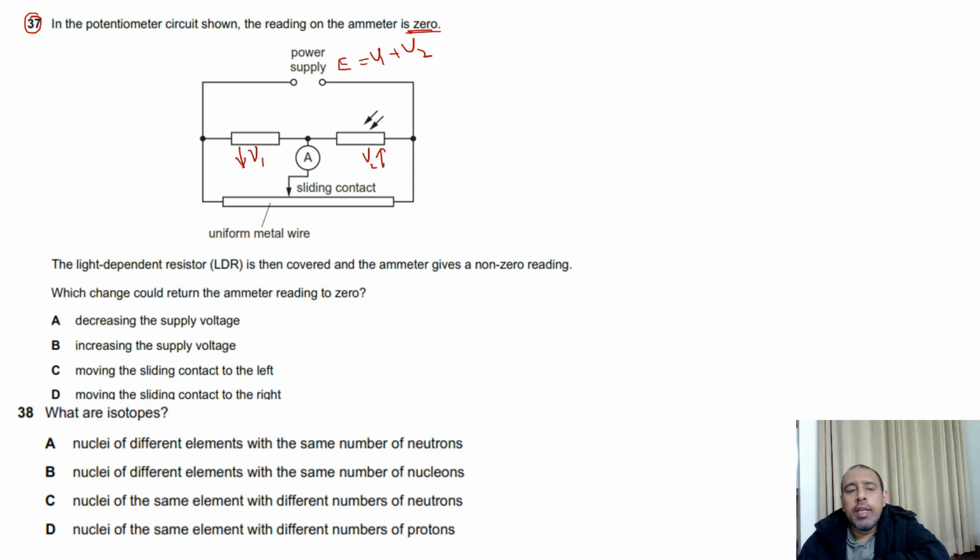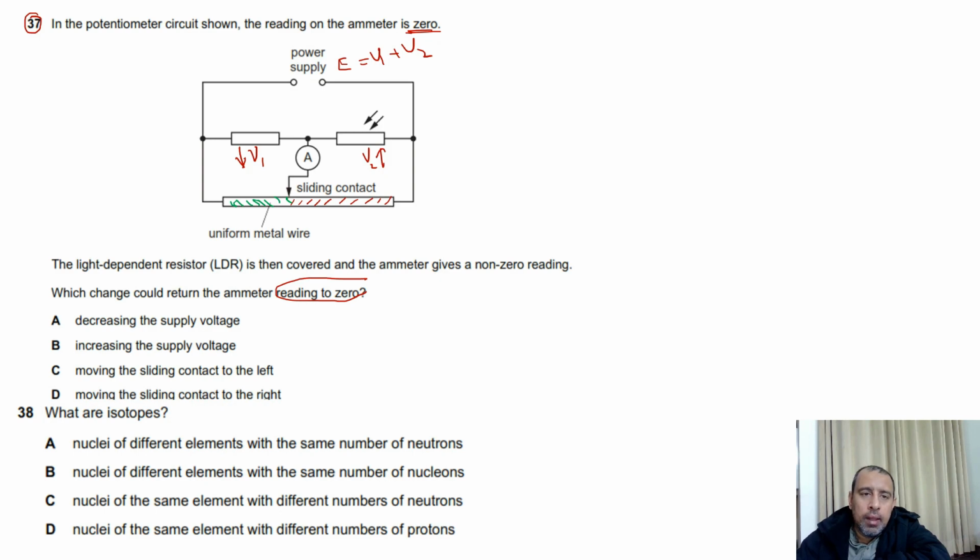Now, which change could return the ammeter reading to 0? It means the voltage of the LDR and the voltage of this portion must be the same, and the voltage of V1 and the voltage for this portion must be the same, because they are parallel. That's why the ammeter is showing 0.